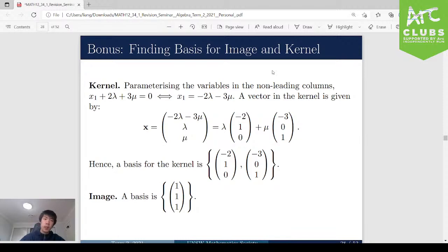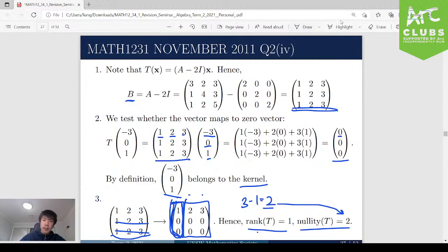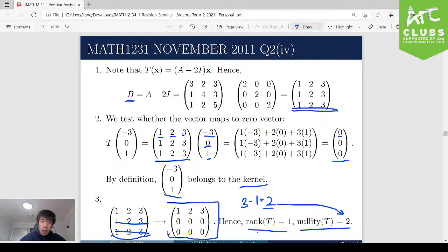Okay. So firstly, for the kernel, if we go back to this matrix here, after we have row reduced our matrix representation B, we were left with this matrix. And so clearly these 2 columns are non-leading.